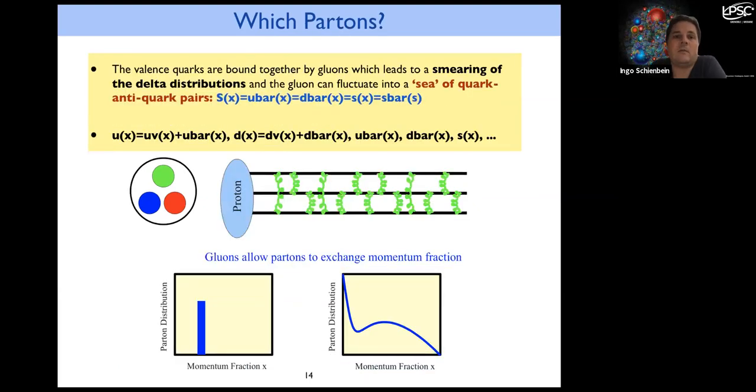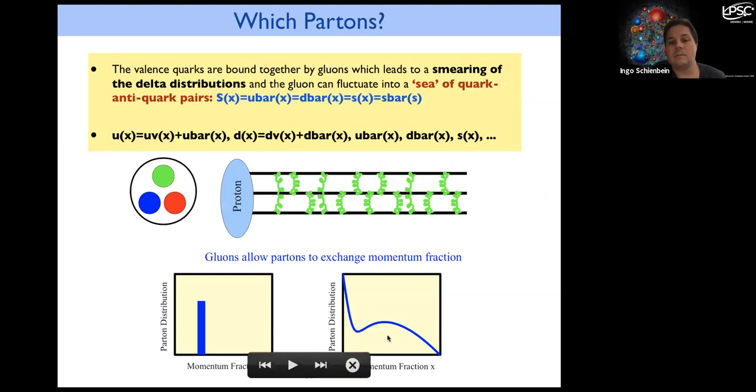So in reality, of course, the valence quarks are bound together by gluons, which will lead to a smearing of the delta distribution. And in addition, the gluons can fluctuate into a sea of quark anti-quark pairs.